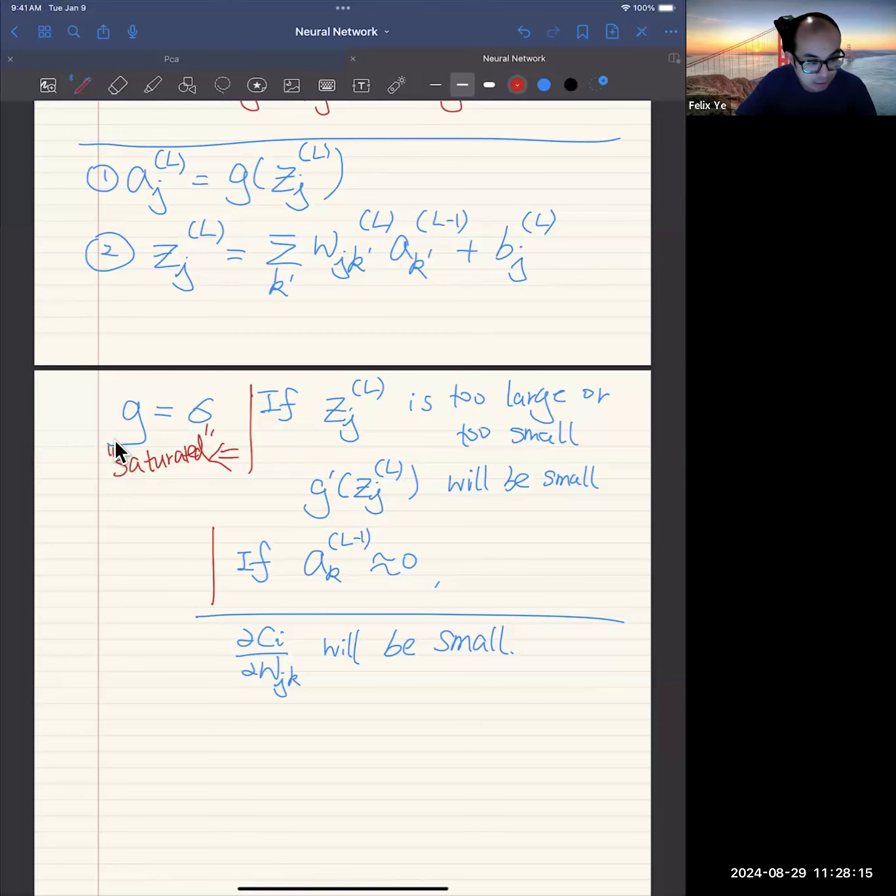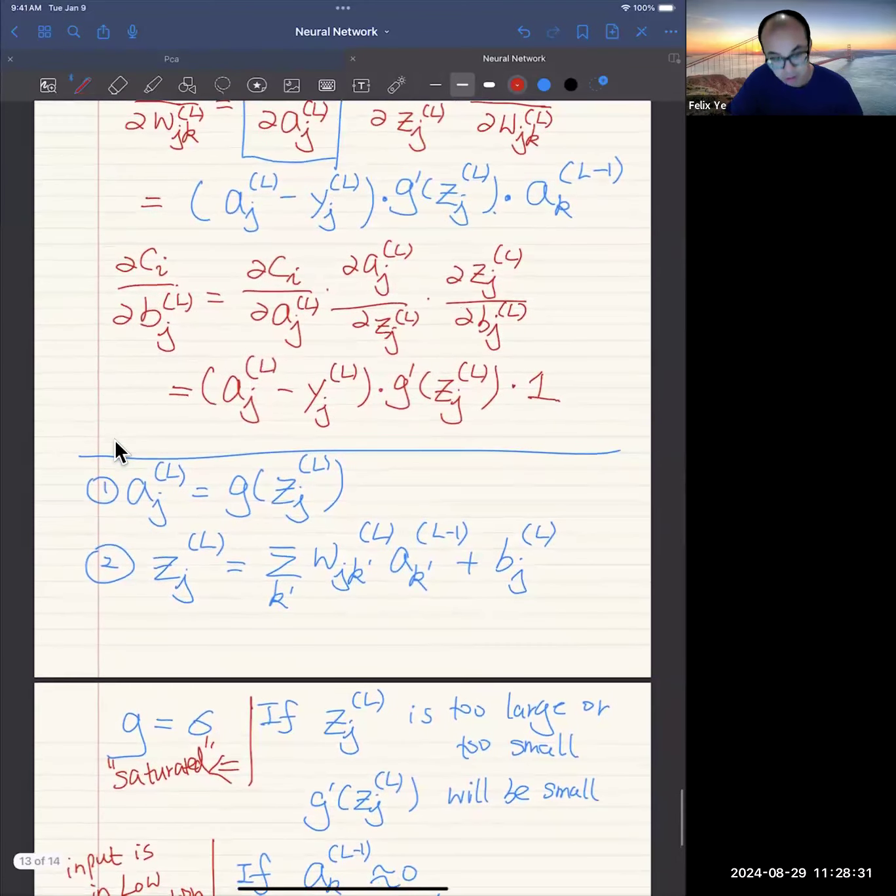Also, if the input neurons are in low activations, then because we have 3 terms, if any one of them is small, the whole gradient will be small.